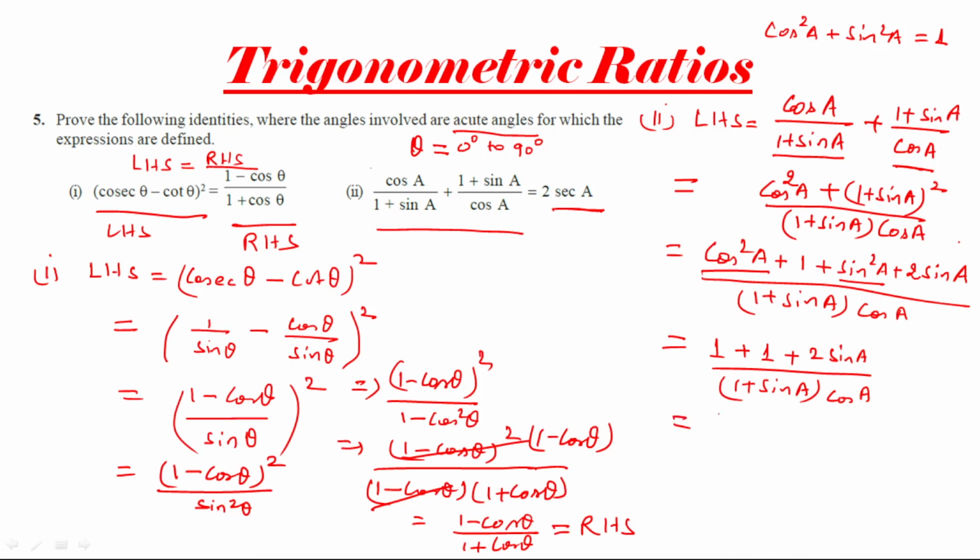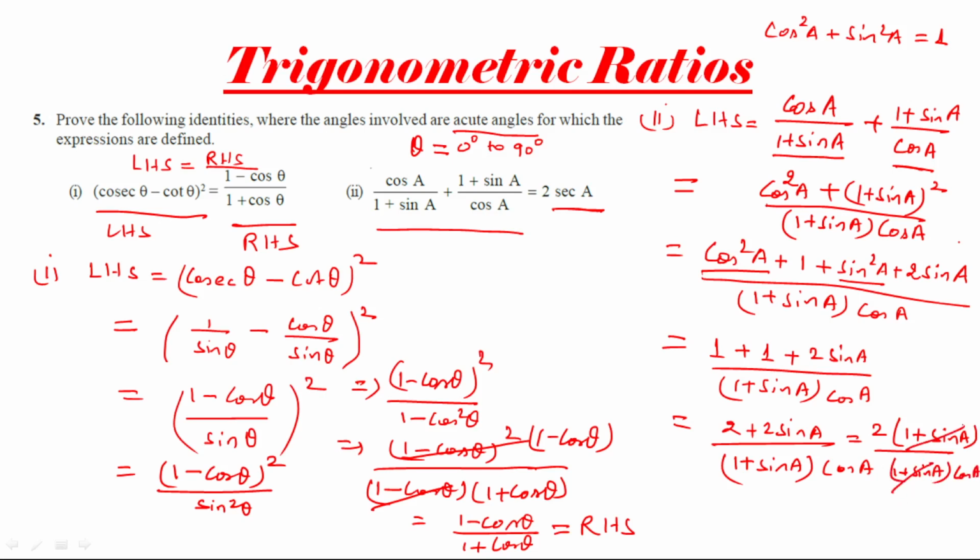So this will come as 1 plus 1 is 2 plus 2 sin A by 1 plus sin A and then cos A, right? This 2 plus 2 sin A can be written as 2 in bracket, 1 plus sin A, divided by 1 plus sin A and cos A.